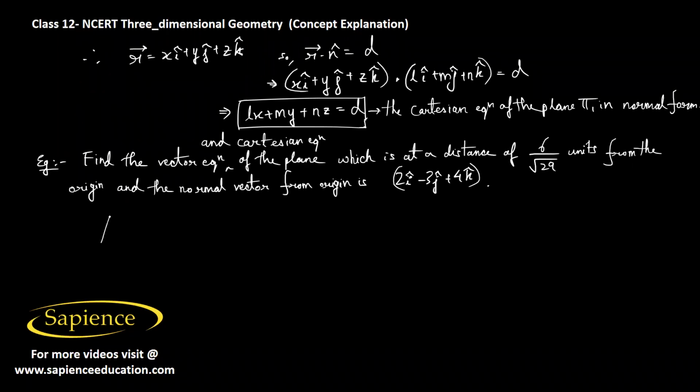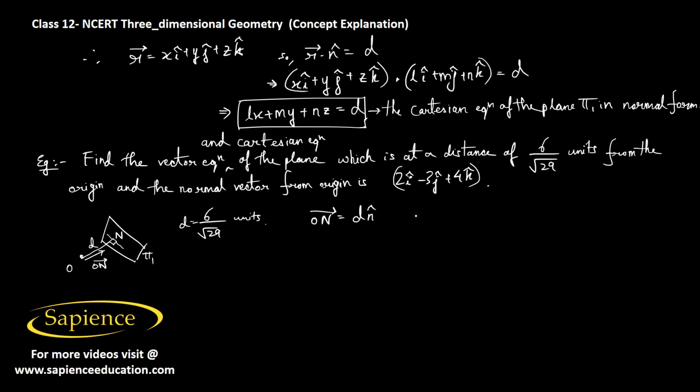So here the plane has been given, and here is the origin, suppose, and the perpendicular distance of this plane from the origin, this d, is given as 6 by root 29 units, and the normal vector, which is the ON vector, where N is the foot of the perpendicular from the origin on the plane. So now, therefore, this unit vector along ON vector is obviously, we know that is d into n cap.